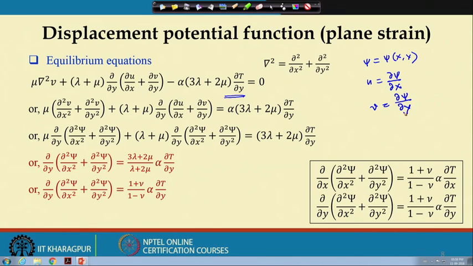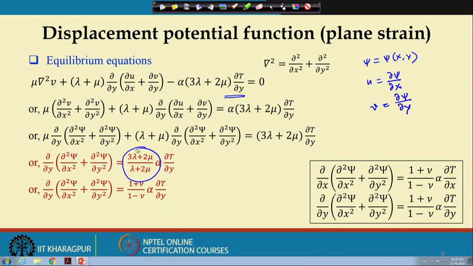If I just put this, then I will have a form similar to this. So, after some modification or manipulation, I can write the final form. So, my two equations are essentially converted into this.